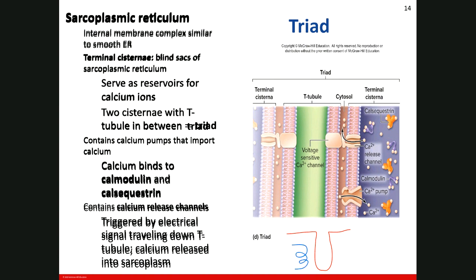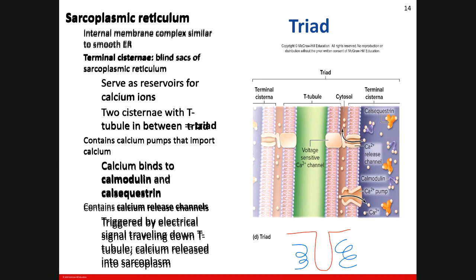This is sarcoplasmic reticulum on one side, and this is sarcoplasmic reticulum on the other side. Now, how many structures do you have here? You have one sarcoplasmic reticulum here, the T-tubule in the center, and the other sarcoplasmic reticulum on the other side. You have three structures. These three structures are called the triad.